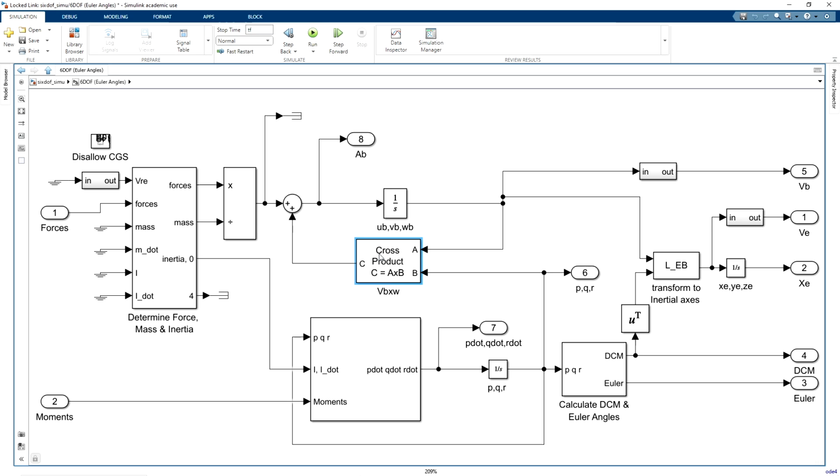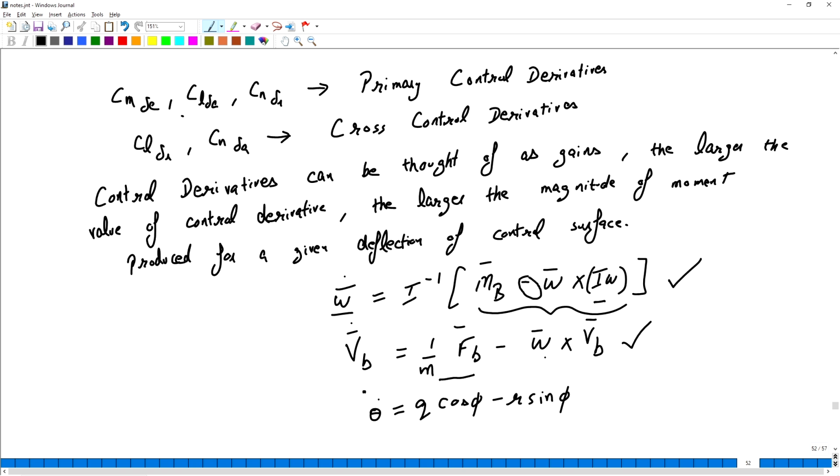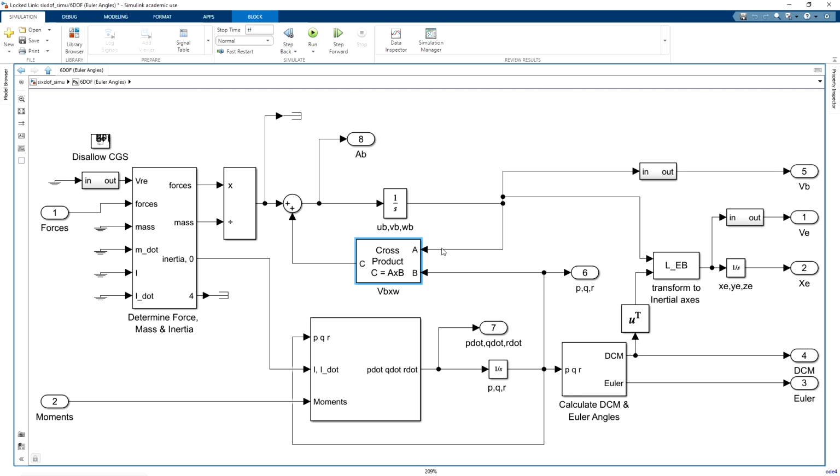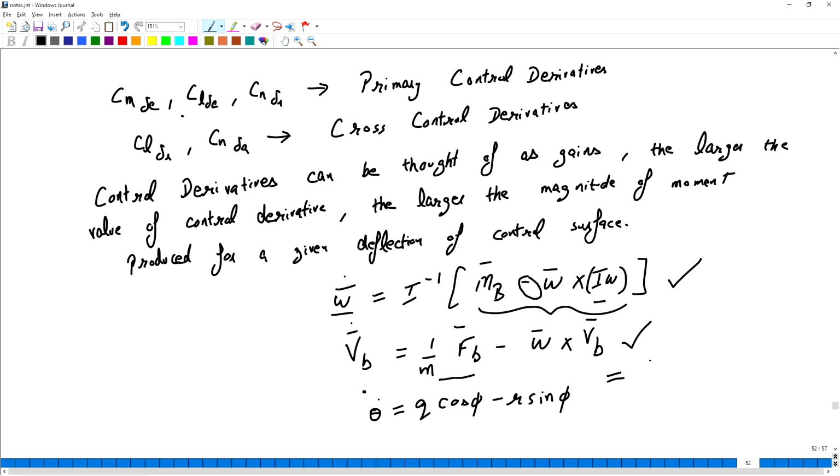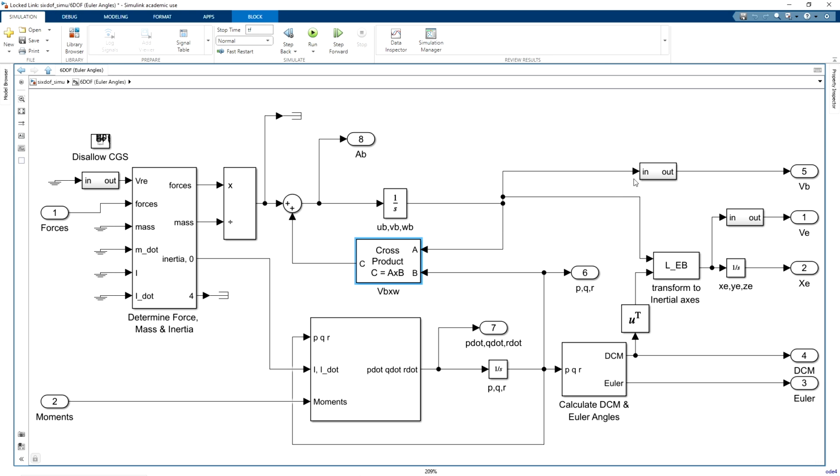Here it is A cross B, where A is PQR and B is U, V and W. That's why plus is considered over here. If we write this as 1 by m F plus Vb cross omega, that is what is represented over here. So finally we get velocities in body axis.